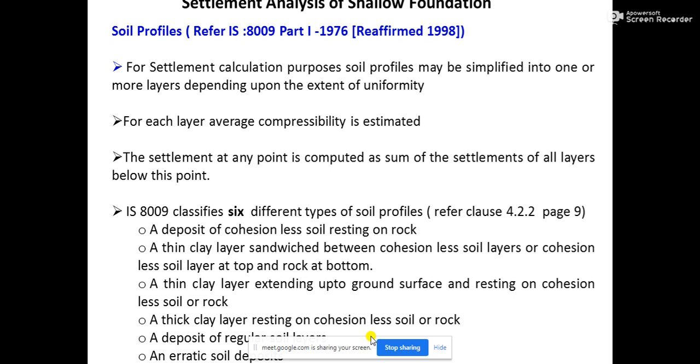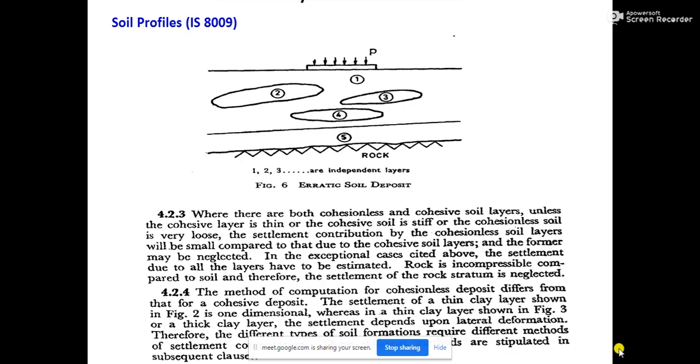Now you see what this diagram is saying. There are 1, 2, 3, 4, 5, and then there is a sixth one here. The first one is profile number 1: deposit of cohesionless soil resting on rock.